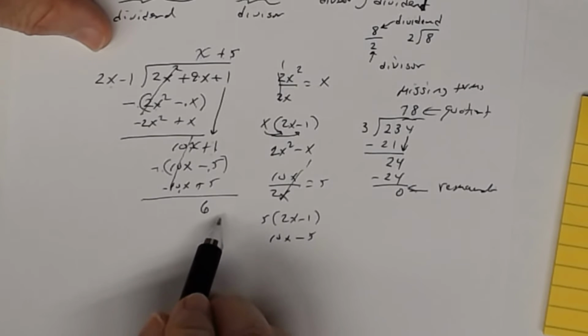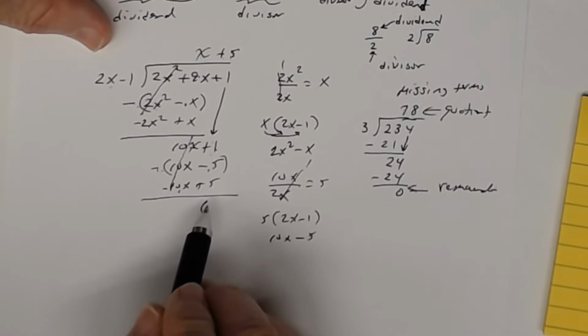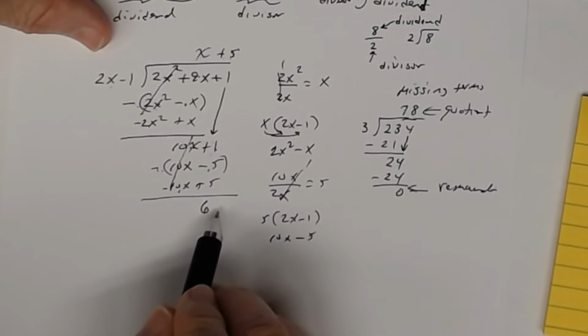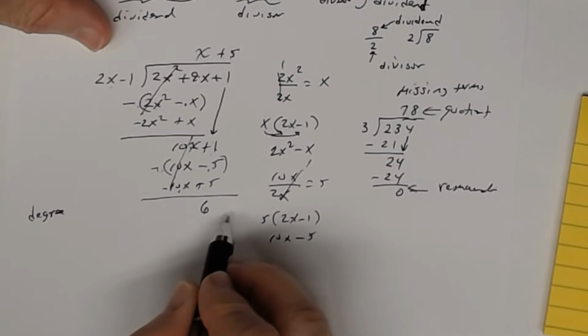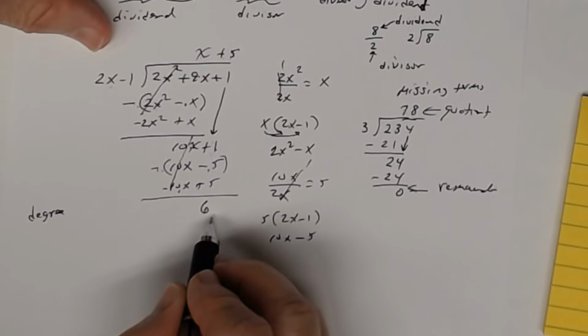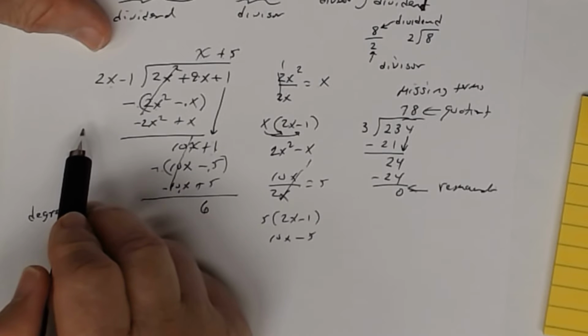And then notice, remember you talked about the degree of a polynomial in a previous lesson? The degree of 6, the degree of a constant, is 0, and the degree of my divisor is 1.